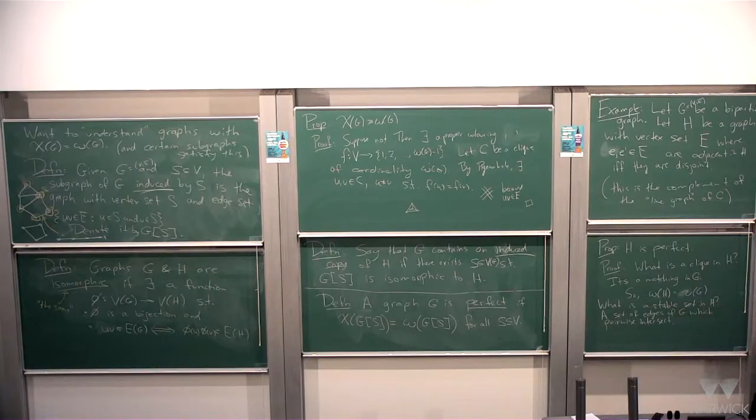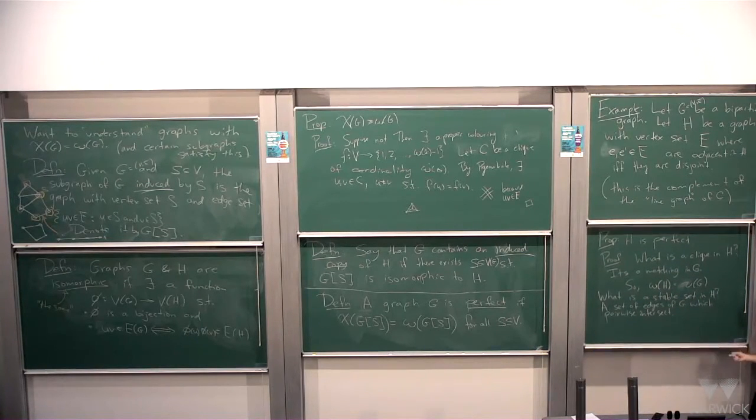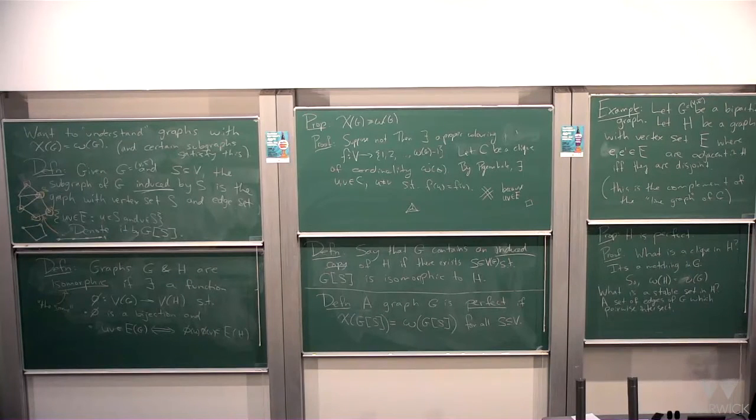If you think about it, in a bipartite graph, if you have a bunch of edges which intersect, they all have to intersect at the same vertex. Because if I have, for example, this edge intersecting this one, and I want to add a third edge which intersects both of them, one way you would try is to make the edge go between here, but in a bipartite graph that's not possible.